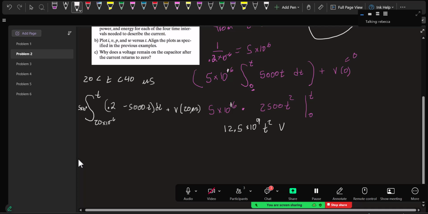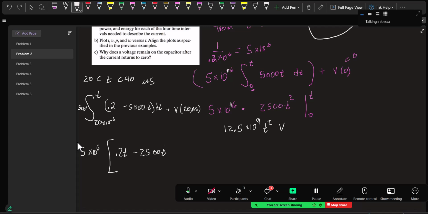So I get 5 times 10 to the 6 times 0.2 t minus 2,500 t squared, from 20 times 10 to the negative 6 to t, plus the voltage at 20 microseconds.